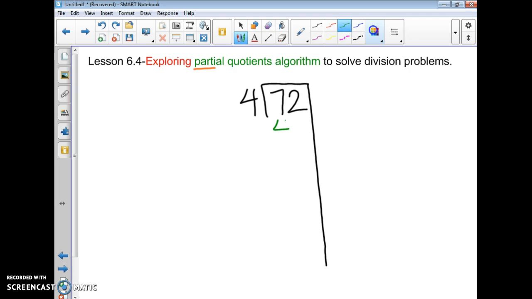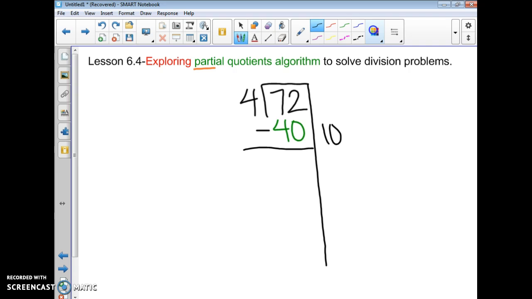Essentially what I'm doing is pulling the 40 out of the 72 to make it more manageable and divide it into this number. So what I'm saying is 40 divided by 4 equals 10. And I've taken that 40 out of the 72.